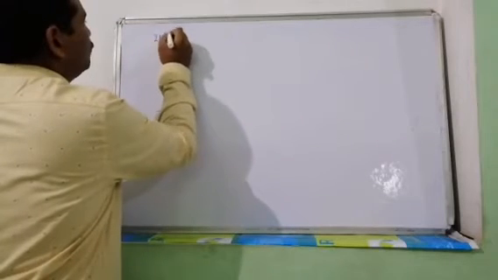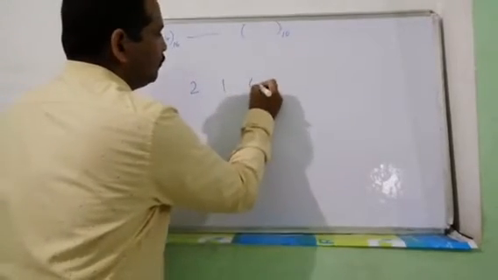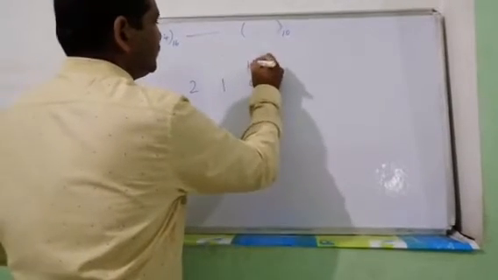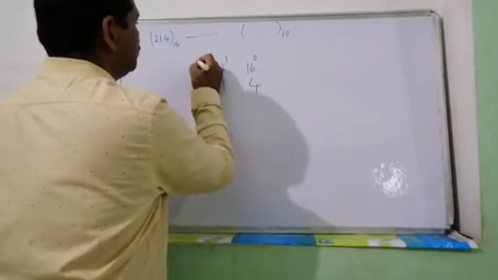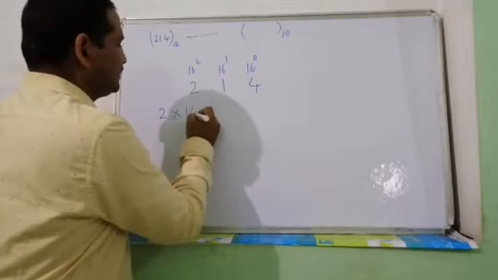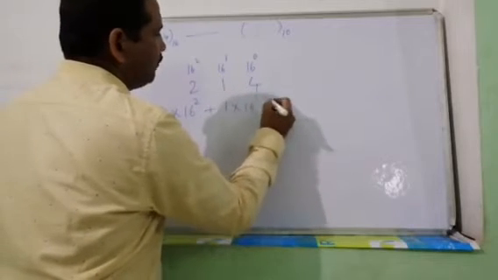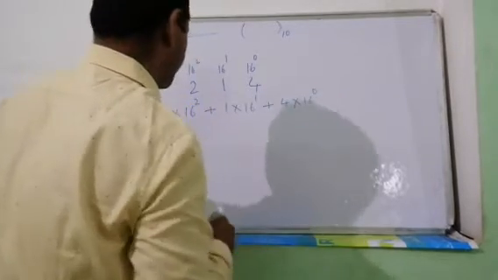Suppose 214 hexadecimal we are to convert to decimal. So 214, this is called 16 to the power 0, 16 to the power 1, 16 to the power 2. 2 into 16 to the power 2 plus 1 into 16 to the power 1 plus 4 into 16 to the power 0.